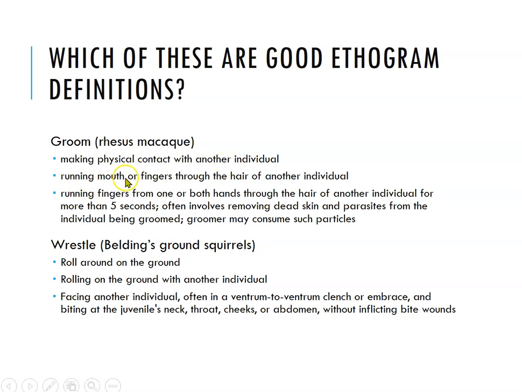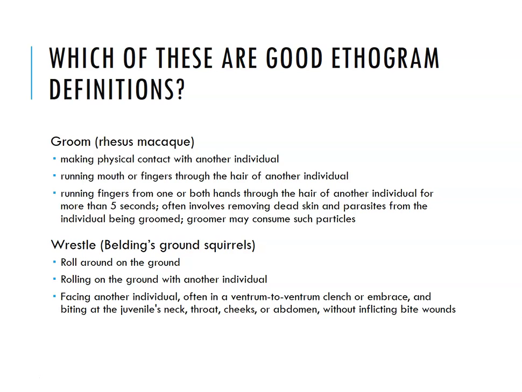Would I say it's running mouth or fingers through the hair of another individual? Or would I say it's running fingers from one or both hands through the hair of another individual for more than 5 seconds? It often involves removing dead skin and parasites from the individual being groomed, and the groomer may consume such particles. Which one of those do you think would be the best operational definition for our ethogram?